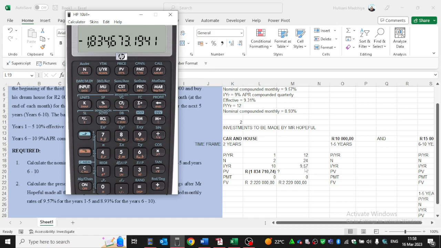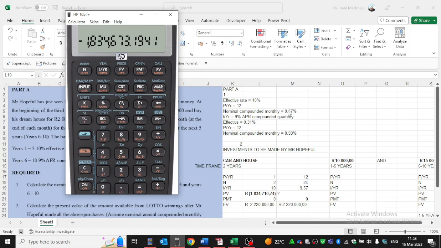If we calculate the 9.57%, the one that we get here based on the effective rate equivalent to 10%, it has some numbers behind 57. So if we include all those numbers, we're going to get the same amount as 710. Due to rounding off, your amount will have a slight difference, somewhere equivalent to 200 rand.